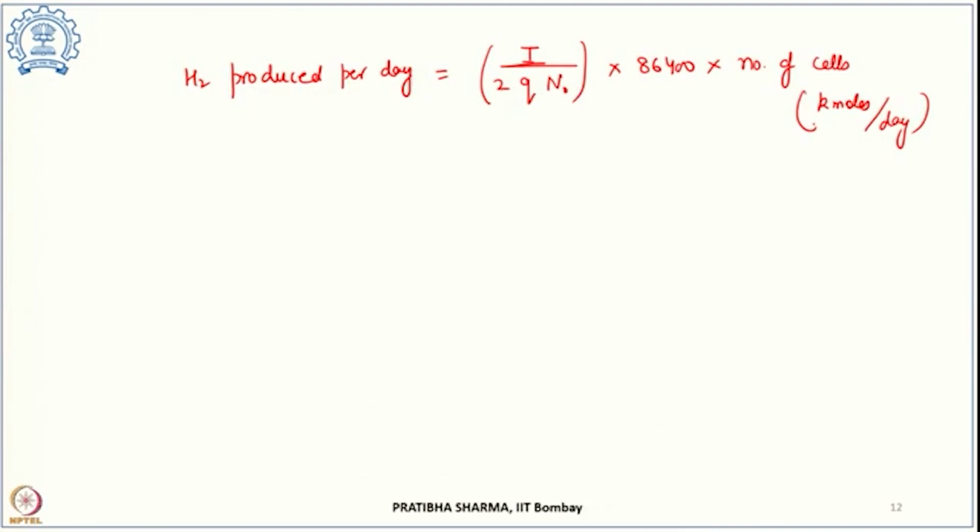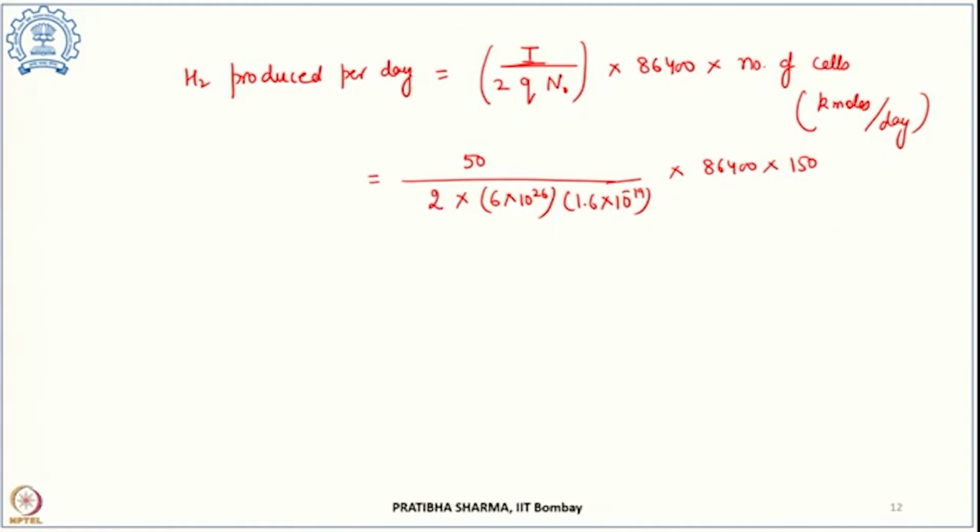Now, we will substitute the different values. It is given that the current is 50 amps, number of electron transfer in the electrolysis process is 2, Avogadro's number 6 into 10 raised to power 26, charge on 1 electron 1.6 into 10 raised to power minus 19, number of cells connected 150, and that much is the kilomoles per day.